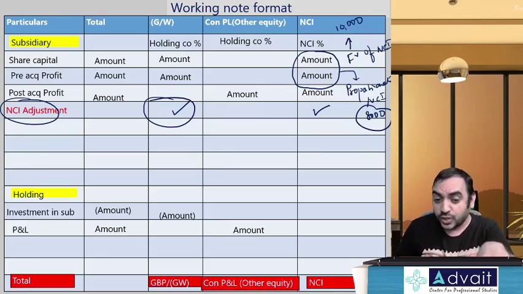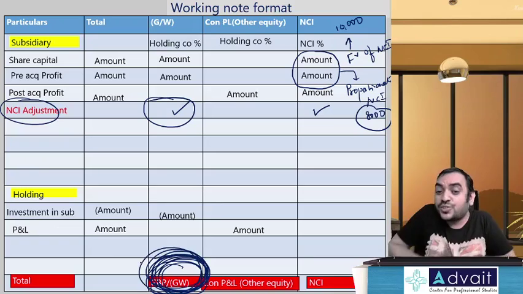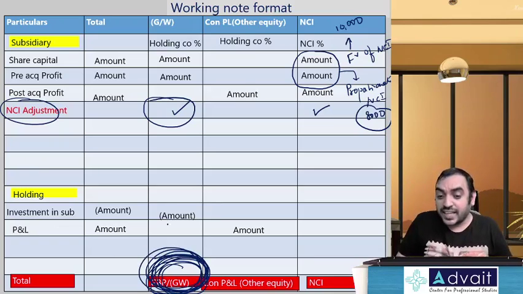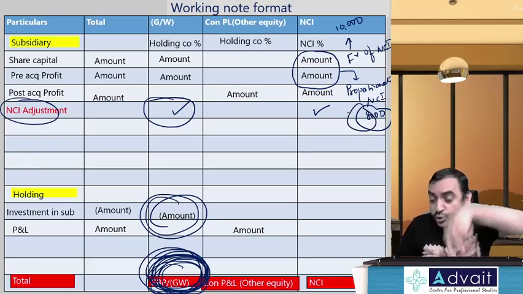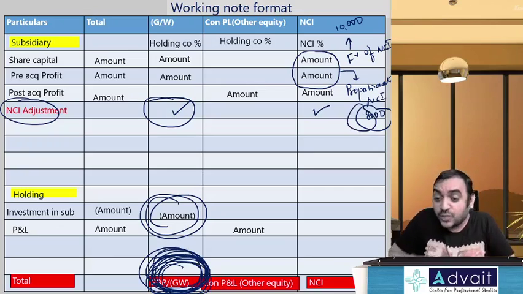Now, please look, my goodwill is a negative number here. My negative number should increase. It is like my investment; just like investment includes goodwill, now this fair value should include goodwill. So if my negative number should increase, under the goodwill column it should be minus 2,000.